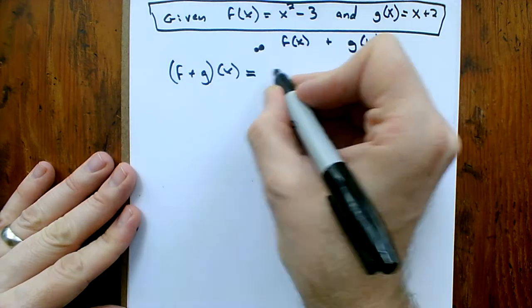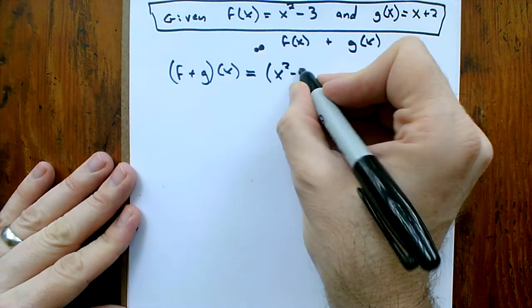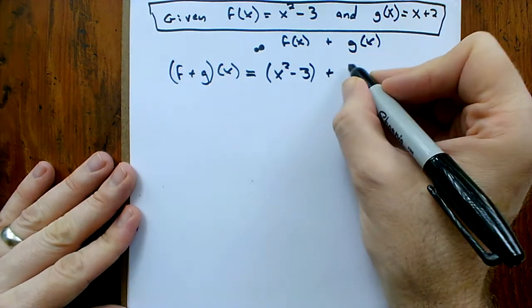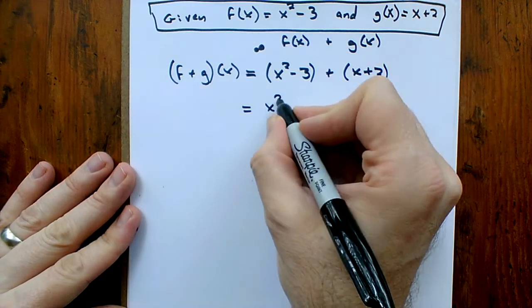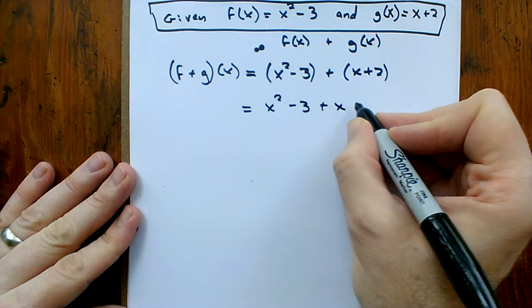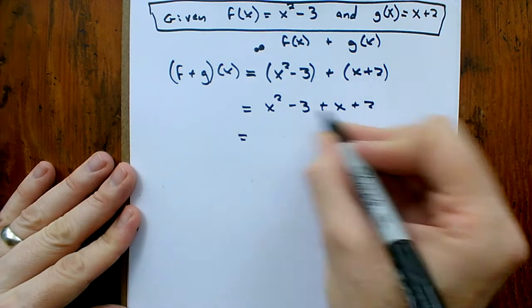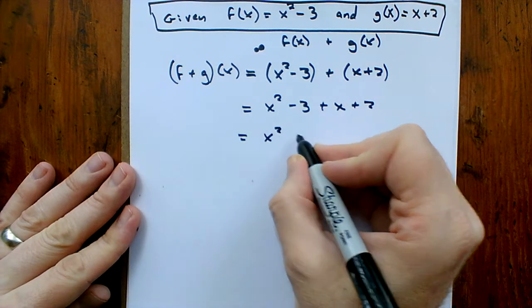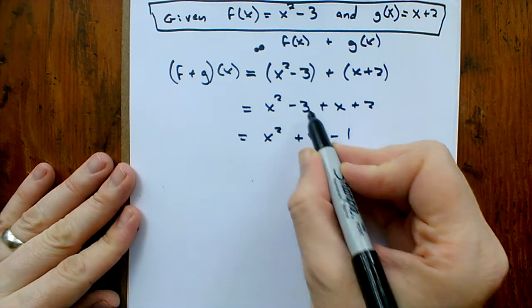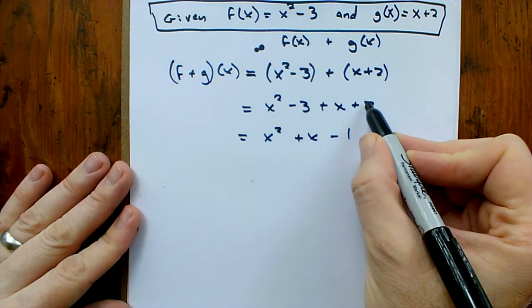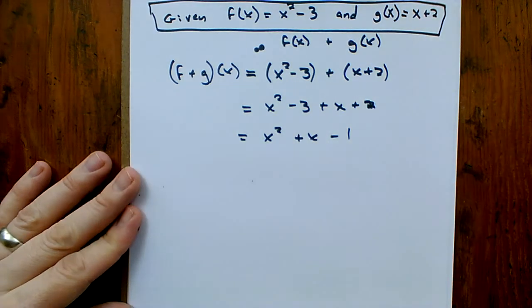Our f of x is just x squared minus 3, and our g of x is simply x plus 2. So this is just going to be x squared minus 3 plus x plus 2. Or when I put this all together, I'll have x squared plus x minus 1. And you'll see that we get this minus 1 by doing negative 3 plus a positive 2.